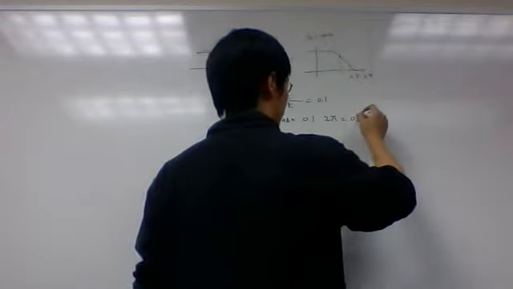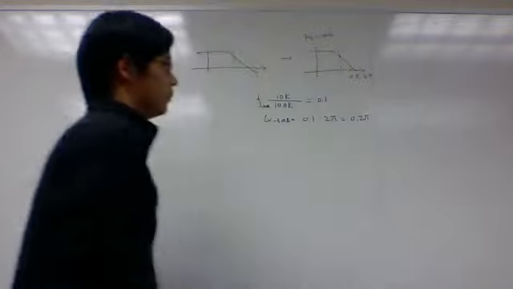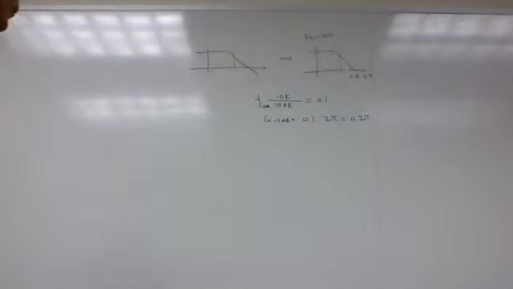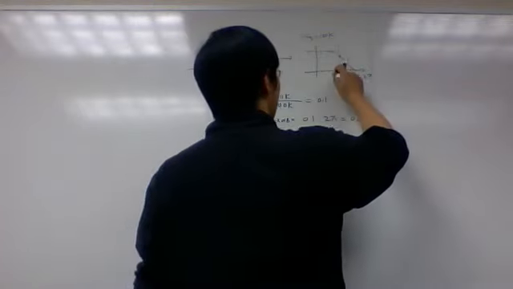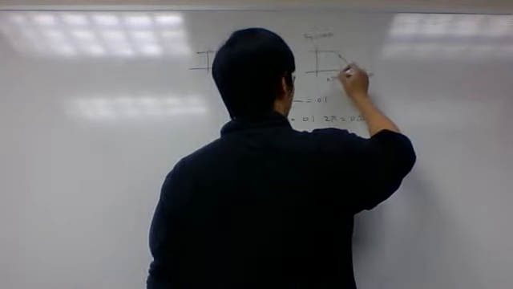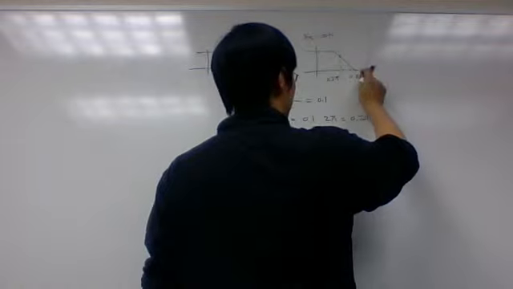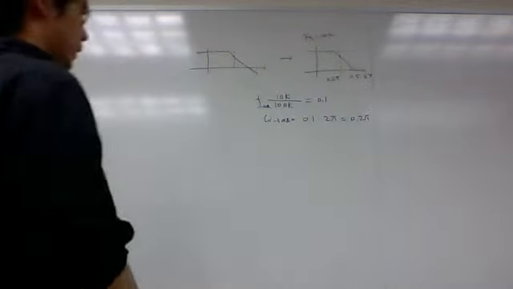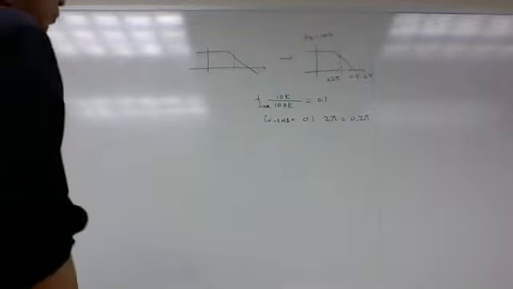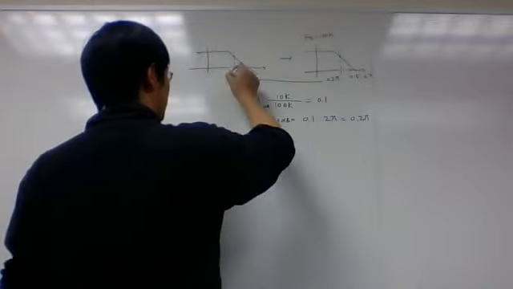So that's 0.2 pi. So basically you want something like 0.2 pi, below the pi, right? So what's this 0.2 pi translate to?